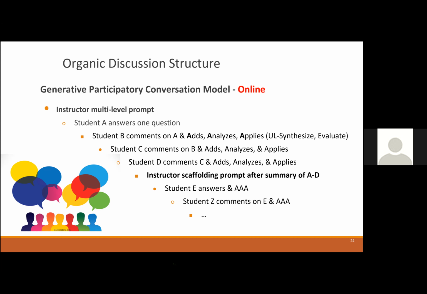But upper level students will jump into synthesis and evaluation. They get it right away that this is a more natural conversational style, and it fits in with what they understand. Eventually the instructor asks another scaffolding prompt after summarizing the work.